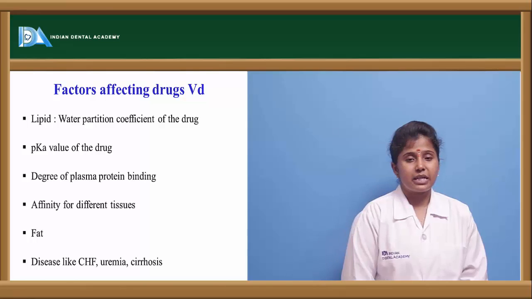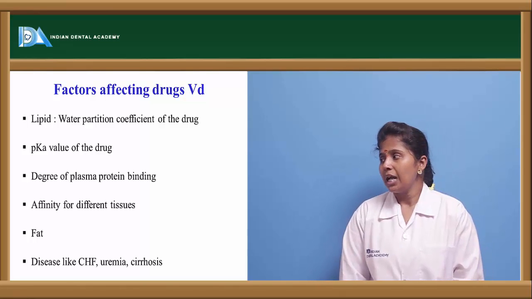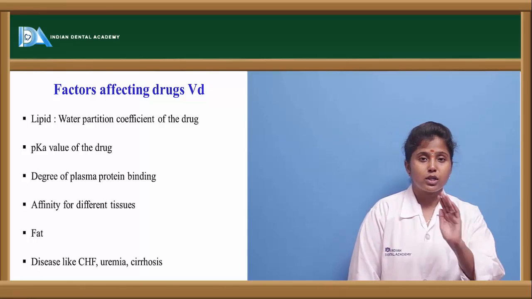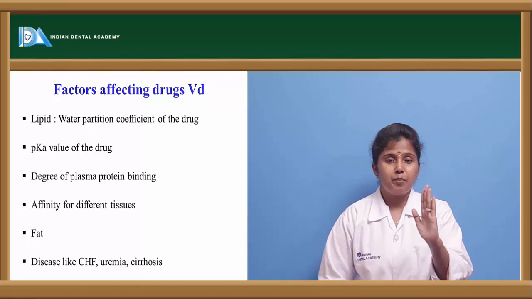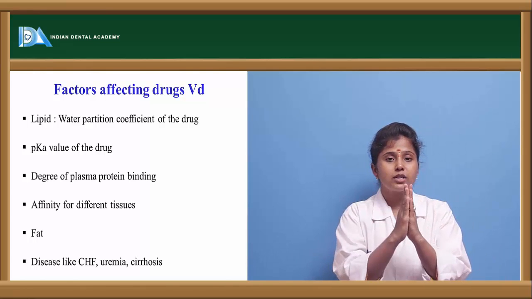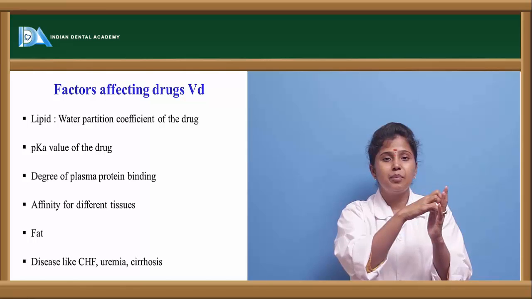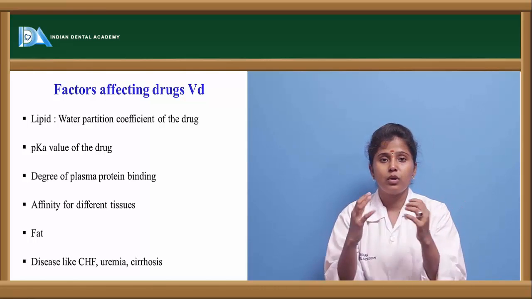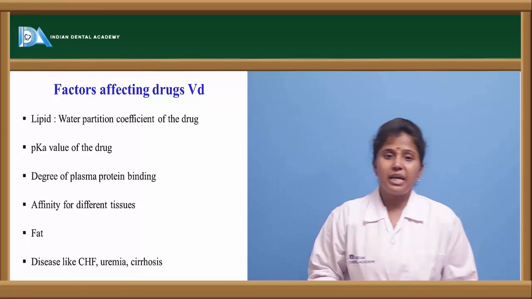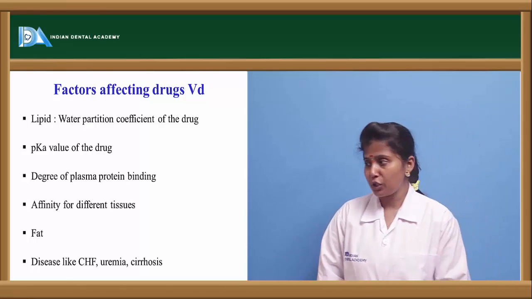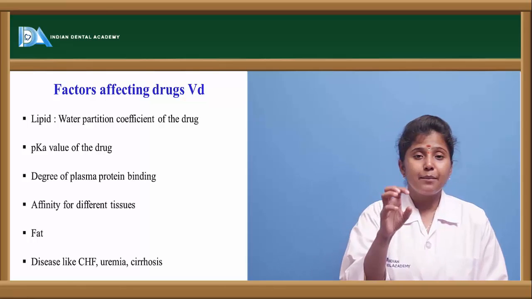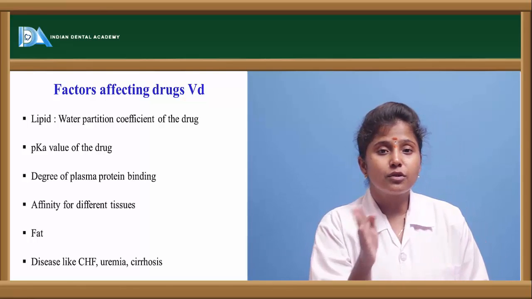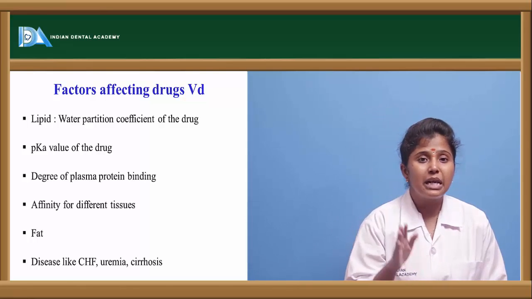What are the factors affecting volume of distribution? One is the lipid water partition coefficient. If the drug is highly lipid soluble, then it is getting more distributed. If the drug is highly water soluble, then it is getting less distributed. Next is the pKa value, that is the partition coefficient value, in the sense the amount of drug which is distributed in two immiscible liquids.